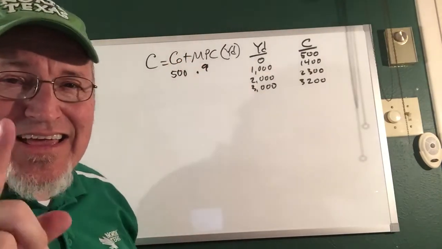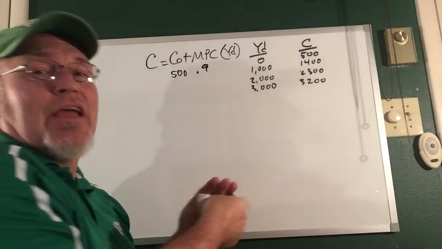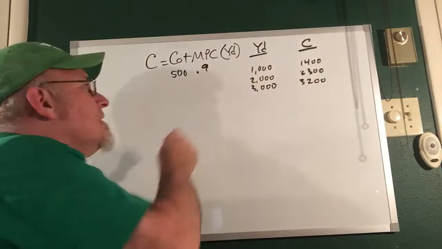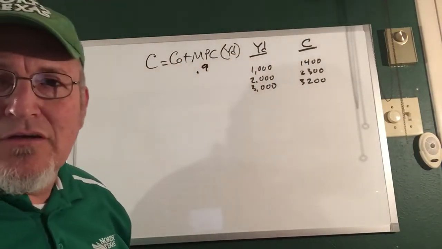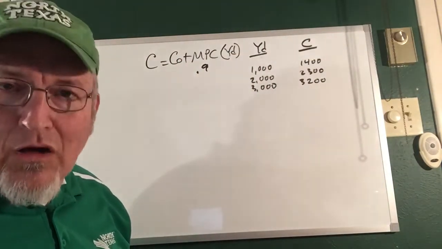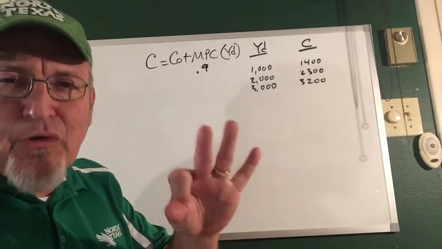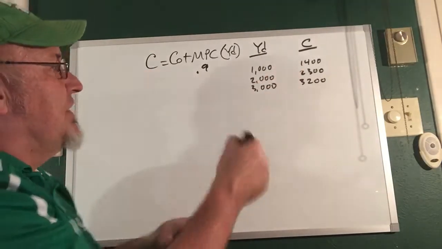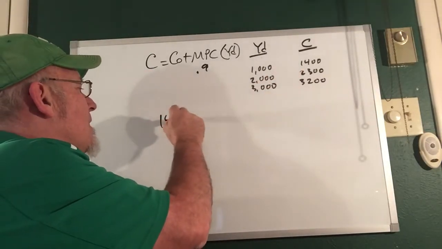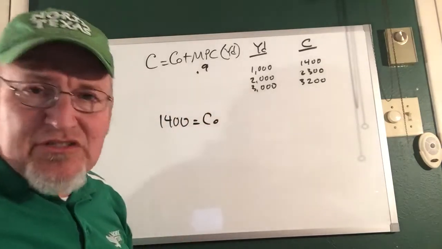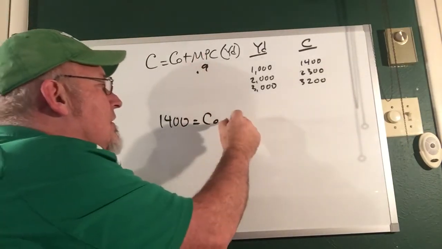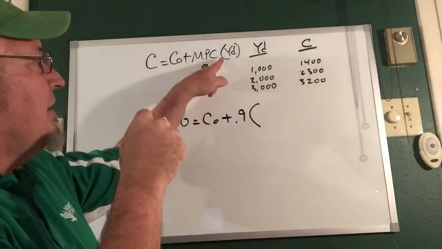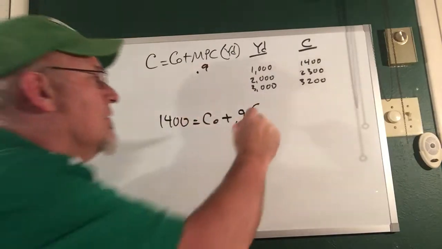Now, let's say I didn't give you this. Let's say I was tricky and I went like this. Now, how could you figure out autonomous consumption? Well, recall, if you have 3 of the components, you can always figure out the 4th one. So in this case, I could take a consumption, say 1,400, equals autonomous consumption, because that's what I'm trying to figure out, plus marginal propensity to consume, and then my income at this consumption level is 1,000.